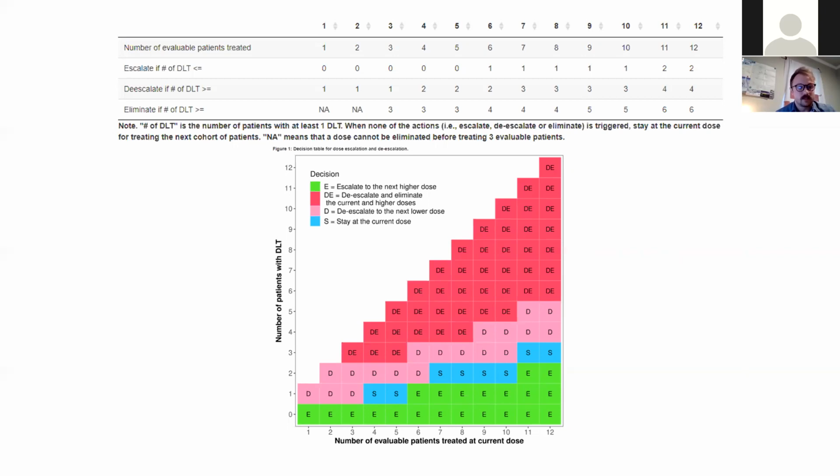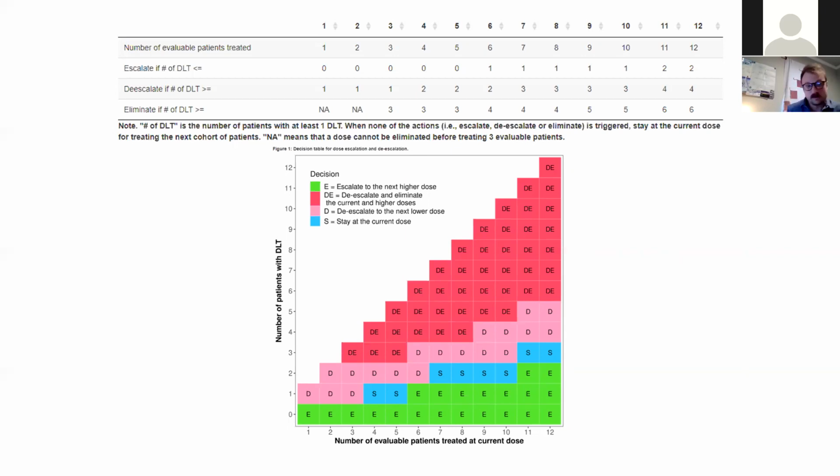And then the other nice thing with this design is that we're going to add a dose elimination criterion of 95%, which means that if the probability of a dose exceeding the target toxicity level that we had specified exceeds 95%, we're just going to eliminate that dose entirely.